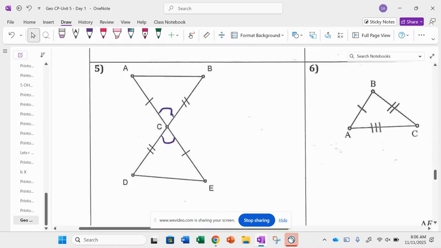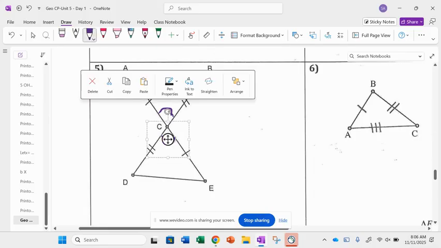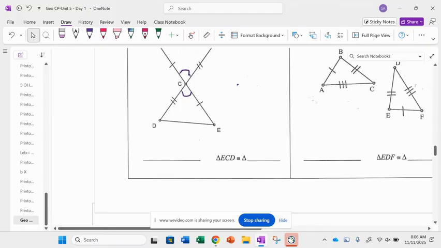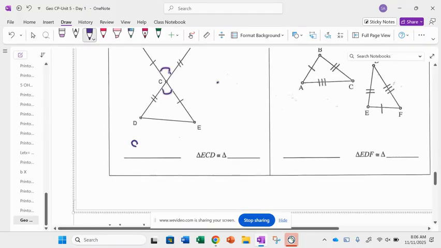Look at the markings. So we just said the vertical angles are congruent, right? So if we look at one triangle, we have the two sides, and the angle that's made with those two sides coming together. What is that? Is that SSS, SAS, or ASA? SAS. So this is going to be SAS.